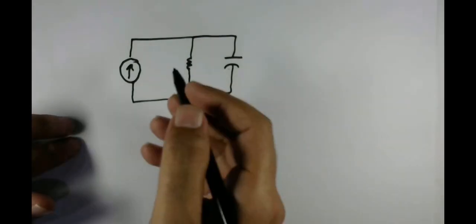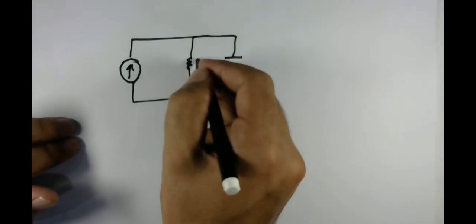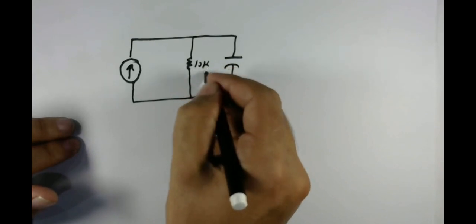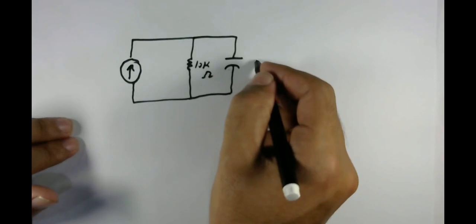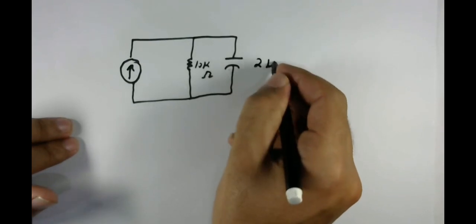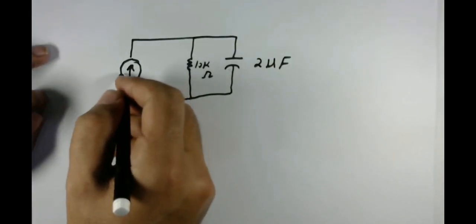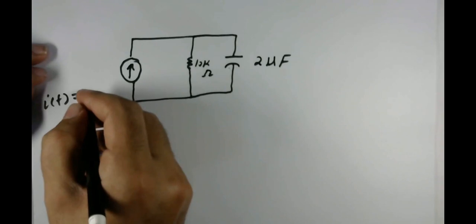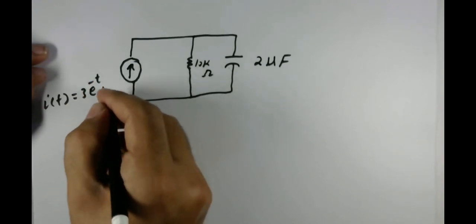So let's say you are given this circuit. Here this is R and its value is 10 K ohm. Here you are given a capacitor whose value is 2 microfarad. Your input is a current source, that is I of t equals 3 e raised to the power minus t times u of t.